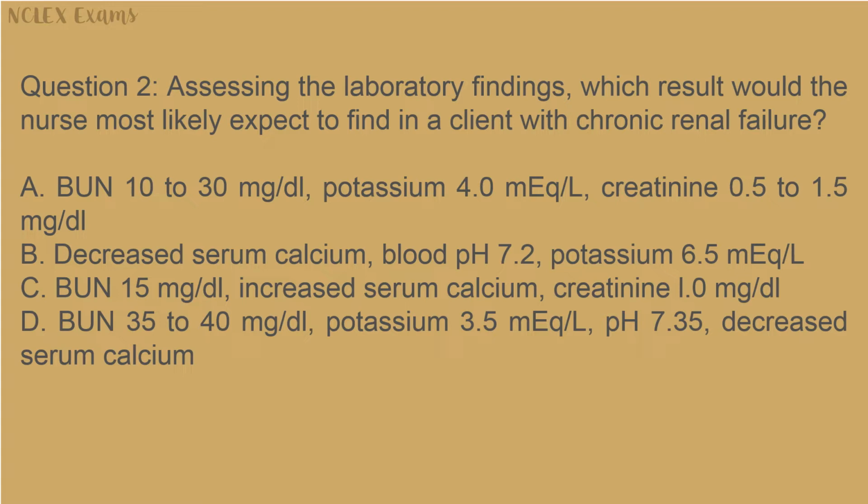B. Decreased serum calcium, blood pH 7.2, potassium 6.5 mg/L. C. BUN 15 mg/dL, increased serum calcium, creatinine 1.0 mg/dL. D. BUN 35 to 40 mg/dL, potassium 3.5 mg/L, pH 7.35, decreased serum calcium.